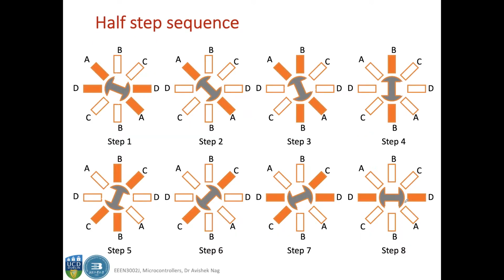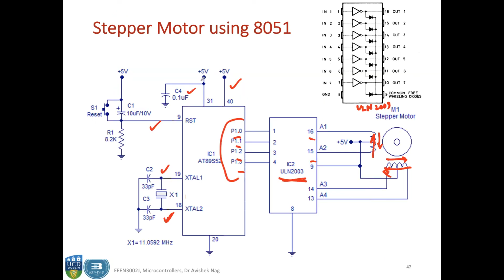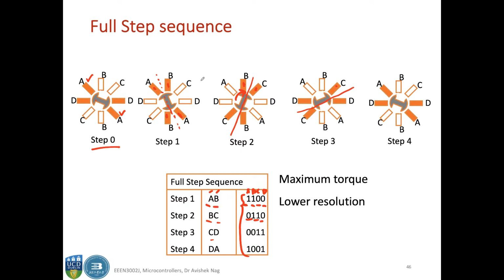You can also have half step sequences. Let's say this is your initial step. Earlier, you are always activating 2 stators together, so here AB, here BC, and so on. So this is a full step sequence.